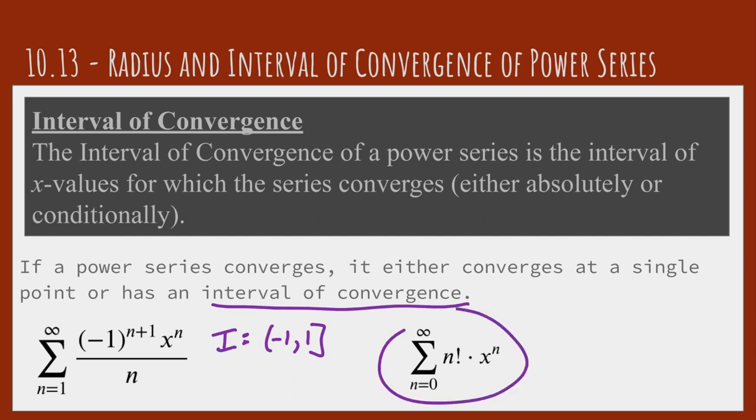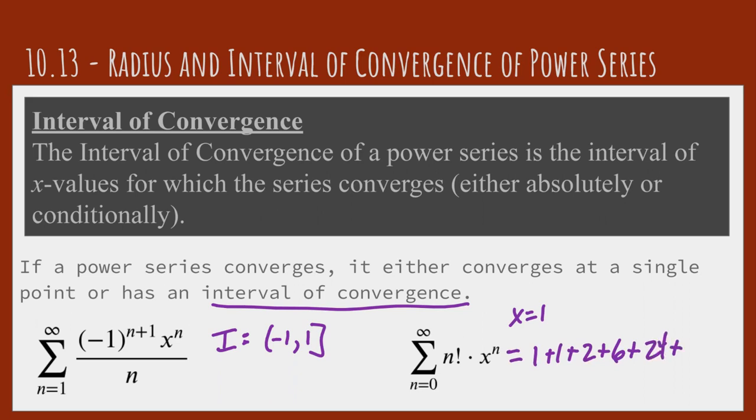So this power series right here, there's only one x value that it will converge, and that's going to be when x equals 0. So if x equals 0, it doesn't matter what n is, every term is going to be 0. So it's going to be 0 plus 0 plus 0, that's going to be 0, that converges. Any other x value that I plug in, let's say 1, if x equals 1, then this series becomes 0 factorial, which is 1, plus 1 factorial, plus 2 factorial, plus 3 factorial, plus 4 factorial.